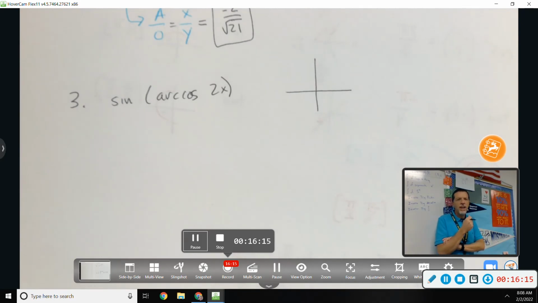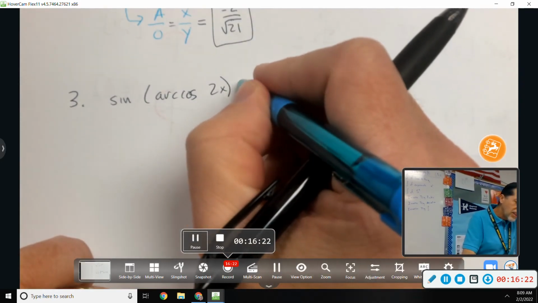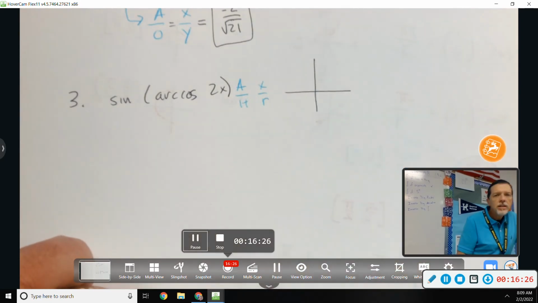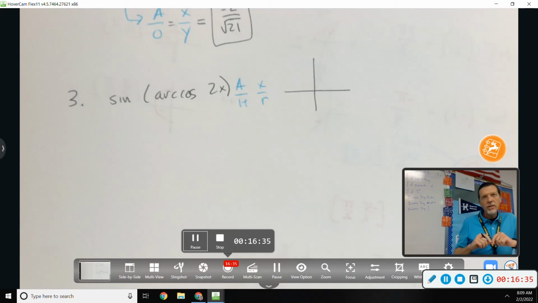It doesn't have numbers in it, it has letters in it. It's also not a fraction. A over h, x over r. So I'll just deal with the x as it comes, but how do I make that a fraction so that I can match up adjacent and hypotenuse? What do you think?